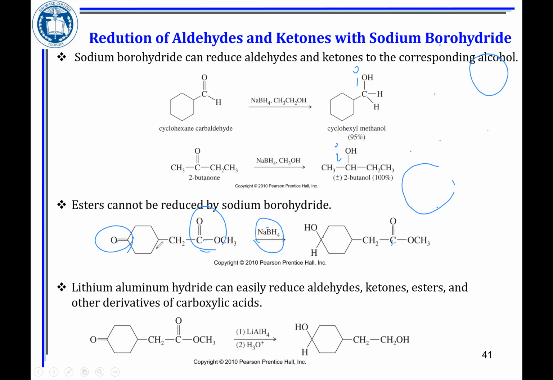But since this reactant had both ketone and ester, ketone would be reduced, but ester will not be reduced. If you add lithium aluminum hydride, both ester and ketone would be reduced. And I think this is an exam question on the final exam as well.